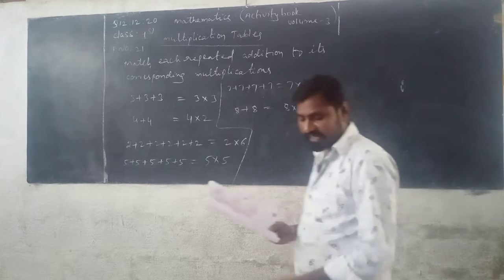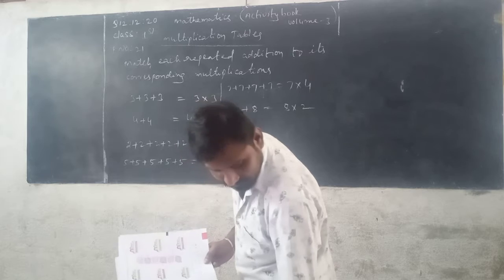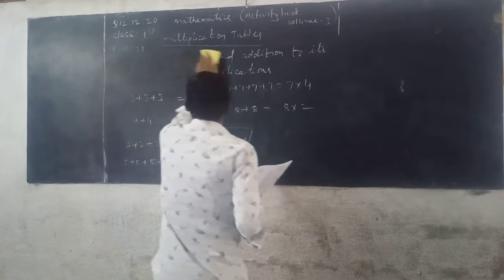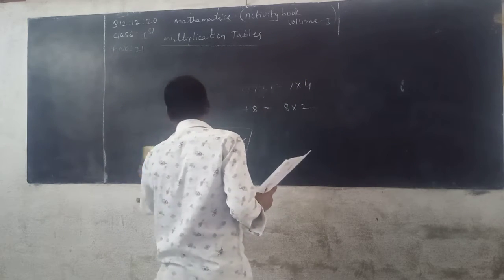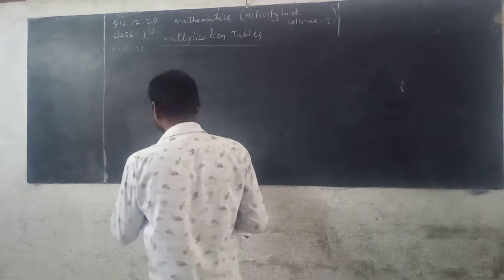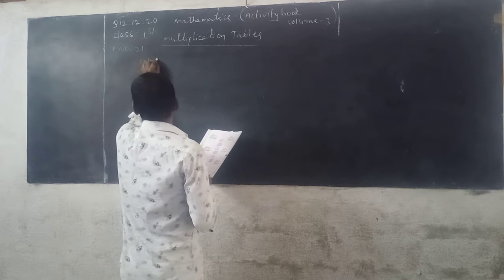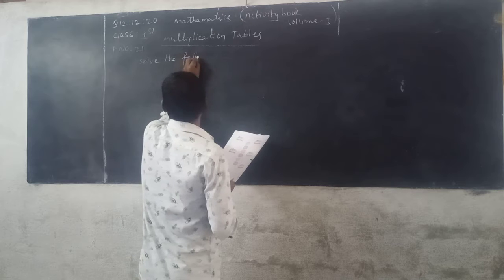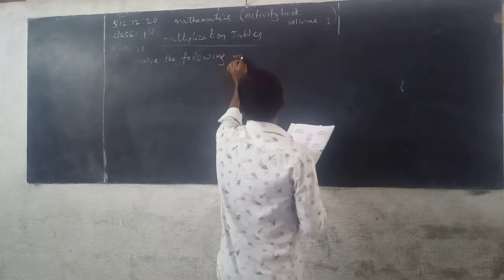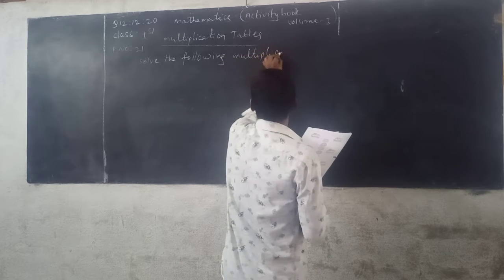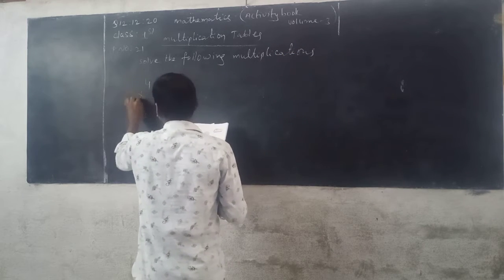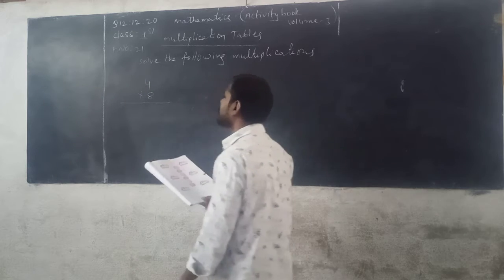Now next, solve the following multiplications. So the first one is 4 into 8, which means 4 is multiplied with the number 8.